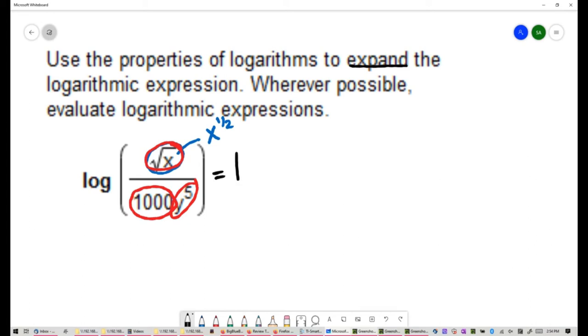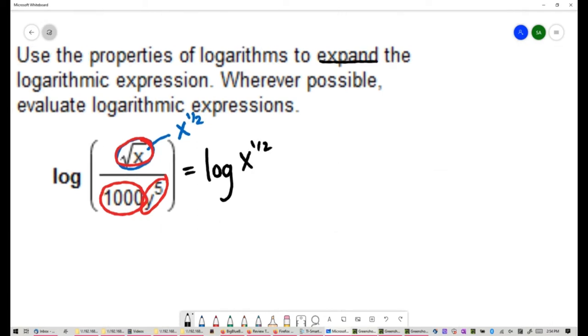So we're going to have log of x to the 1/2 power, log of 1,000, and log of y to the 5th. Now, with the product and the quotient rule, the way it works is you're expanding into addition and subtraction.